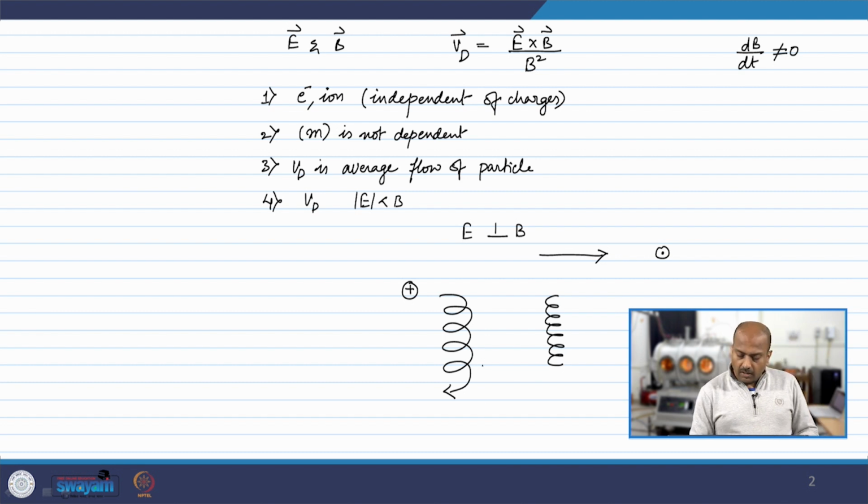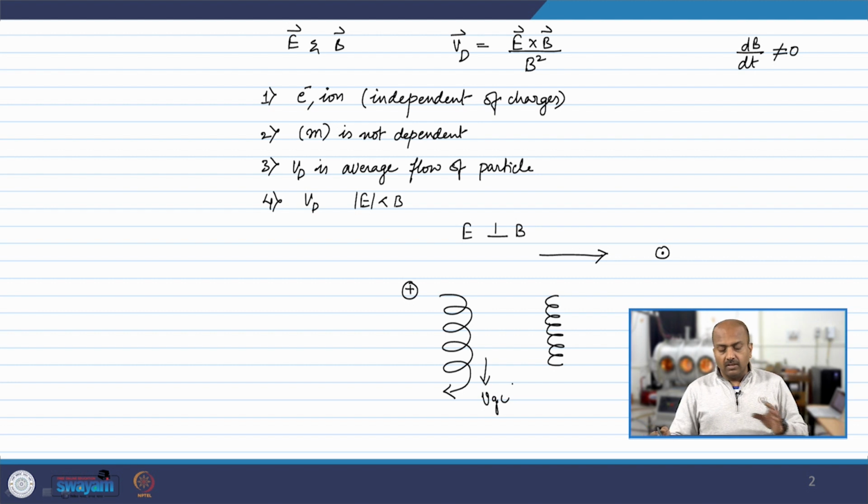So, the movement of the guiding center is in this direction. When you have electric and magnetic fields perpendicular to each other, in the first half the particle gains energy and increases the V perpendicular component, and hence the radius increases. In the second half the particle loses energy because it is moving opposite to the direction of the electric field. So, the velocity decreases and as a result the radius decreases.